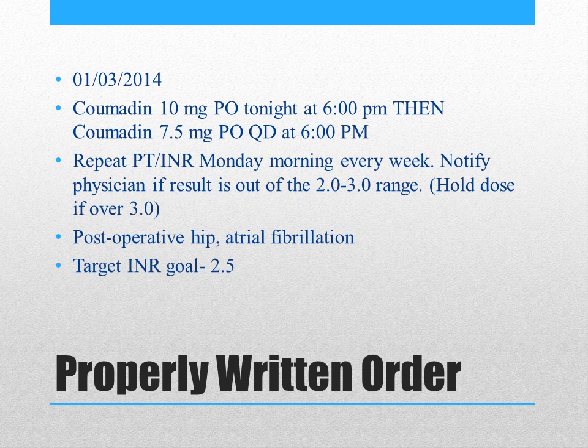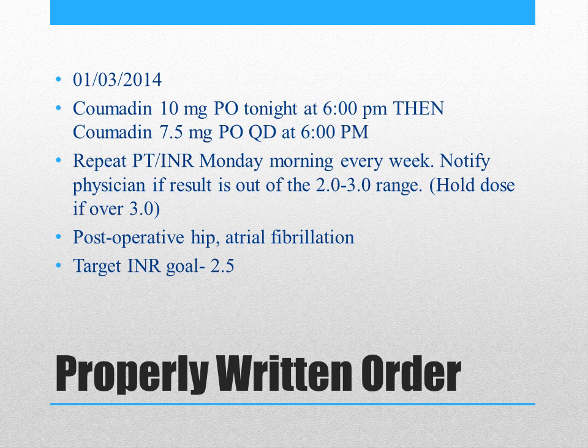So a properly written order is going to have the date on there. In this case, I used 1/3 of 2014. The order is for Coumadin 10 milligrams by mouth tonight at 6 p.m. Then Coumadin 7.5 milligrams by mouth today at 6 p.m. So that would be the order for the Coumadin. Then repeat the PT-INR Monday morning every week.